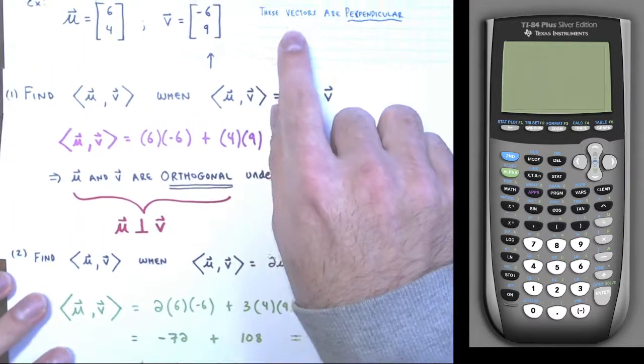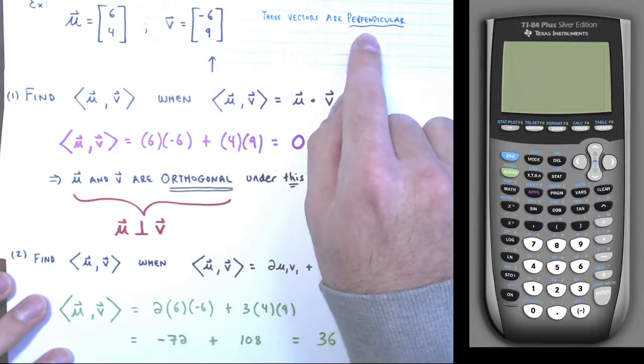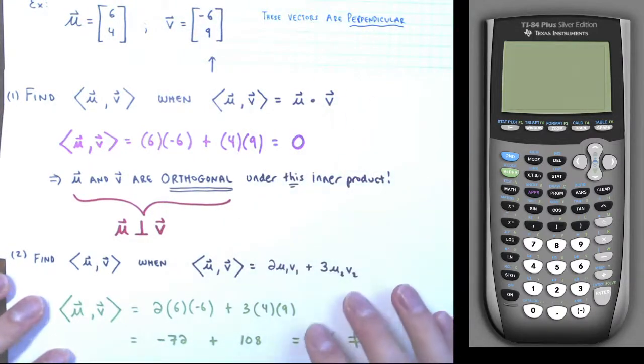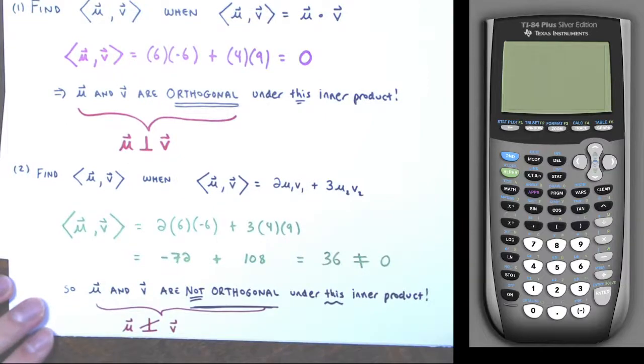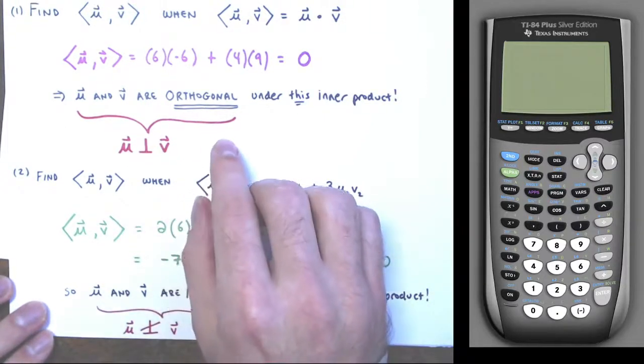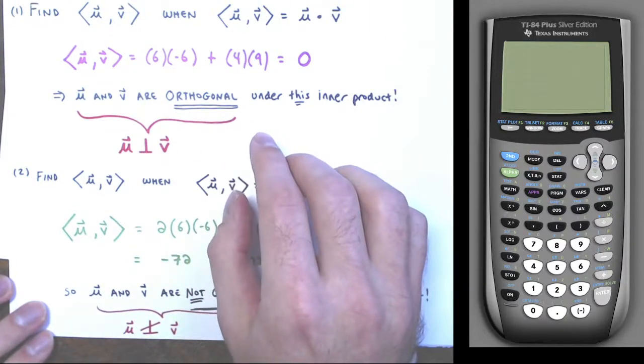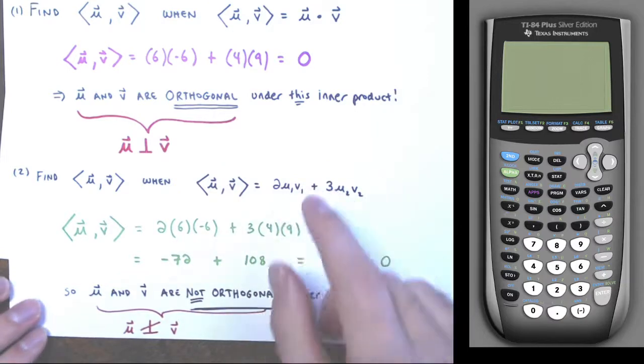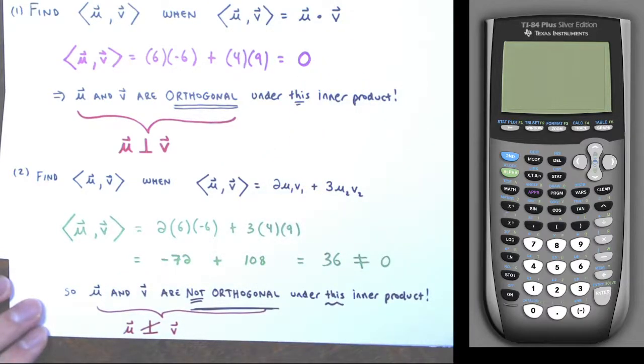Just because two vectors are perpendicular doesn't mean they're orthogonal under certain inner products. There might be perpendicular vectors that are orthogonal under other inner products besides the dot product. I don't have an example of that, I'm sorry.